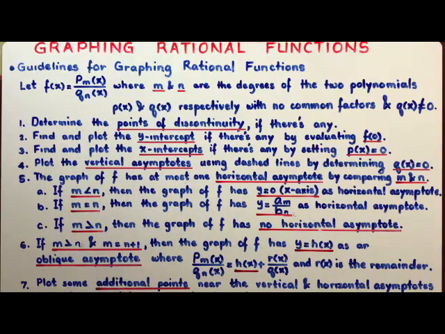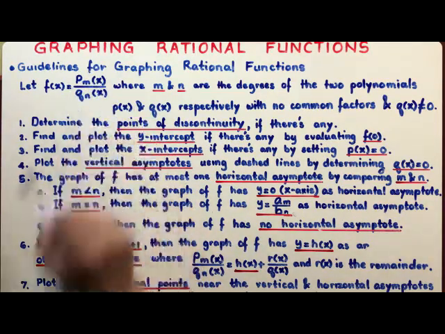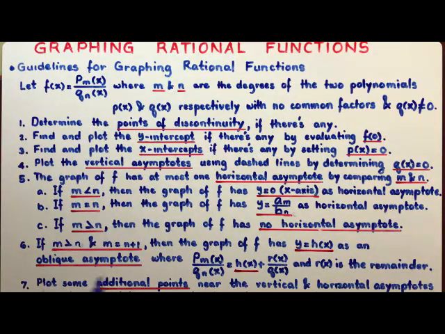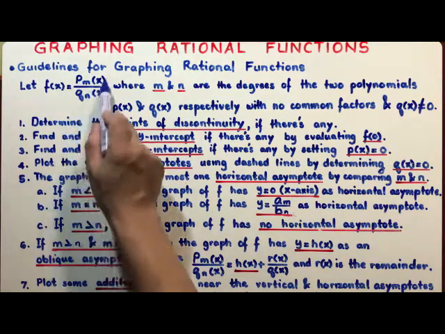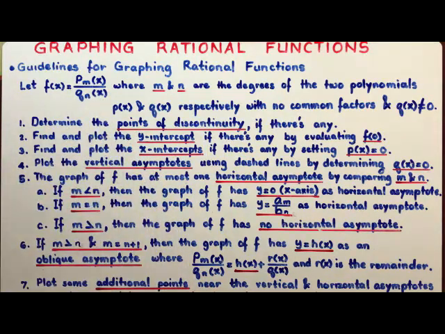Number 6, if the degree of the numerator is greater than the degree of the denominator and it is 1 degree higher, then the graph has an oblique asymptote. No horizontal asymptote, but it has an oblique asymptote. The oblique asymptote can be found by dividing the polynomial in the numerator by the polynomial in the denominator.